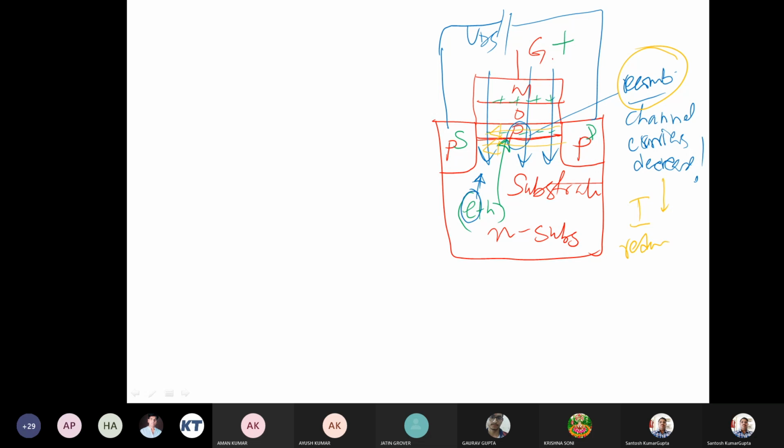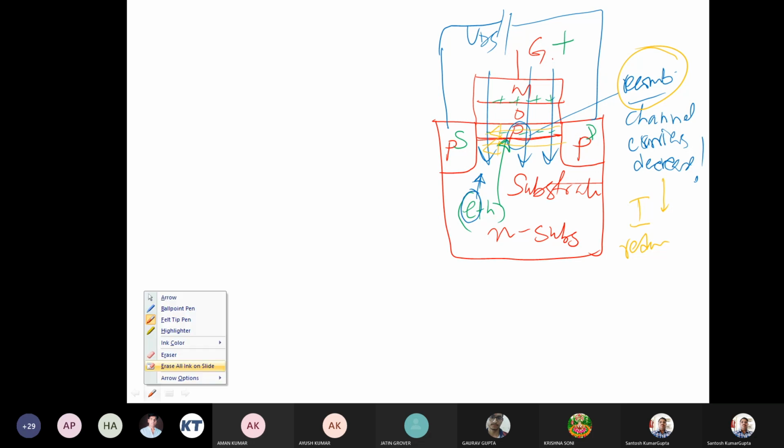So in the N channel, with the application of positive gate voltage, we have seen the channel enhance. But for the P channel, we see the opposite happen here.